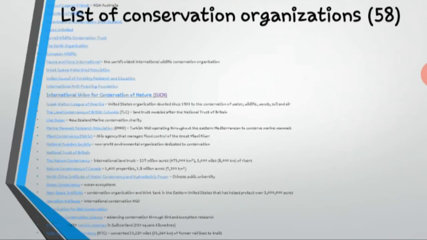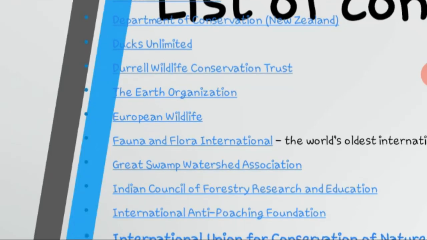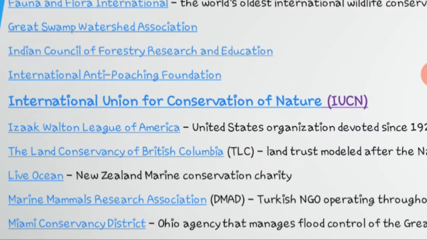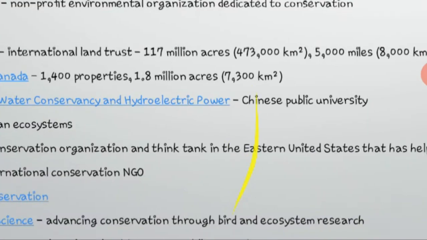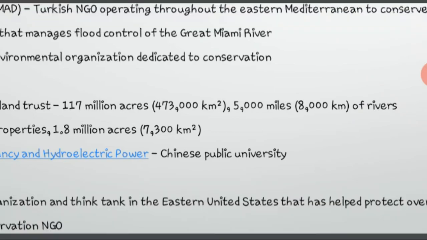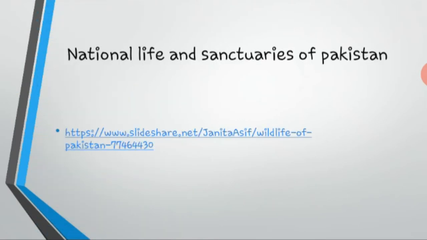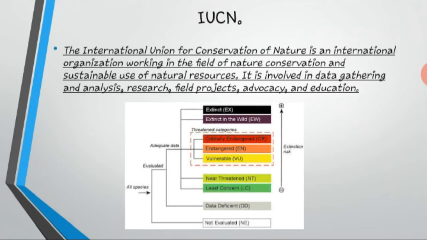There is a list of organizations which are involved in it. Among all these organizations, we'll focus on IUCN and WWF. So what is IUCN? IUCN is the International Union for Conservation of Nature, and it is working to conserve nature and promote sustainable use of natural resources.